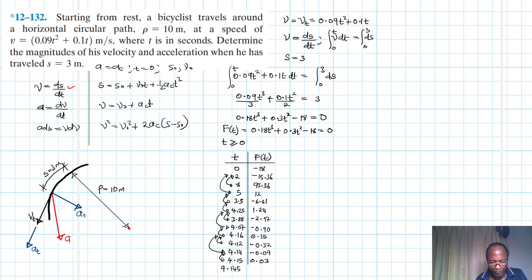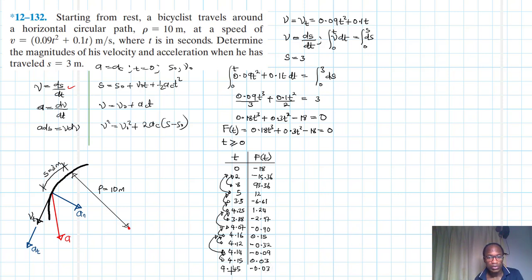Okay, so this one becomes minus 0.03, but here it goes to 2, maybe 7, somewhere there, like so. All right, if we round it off, it comes to this.